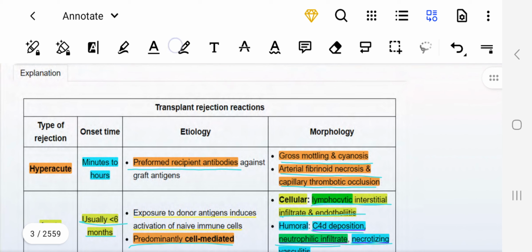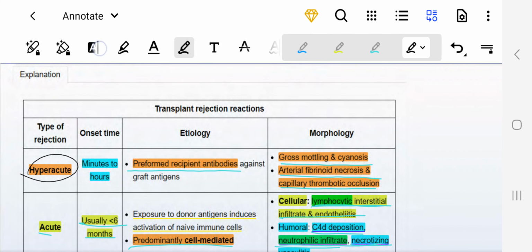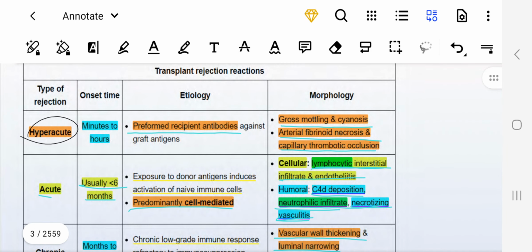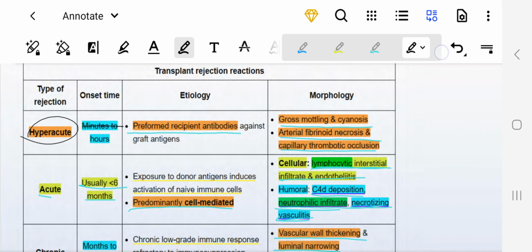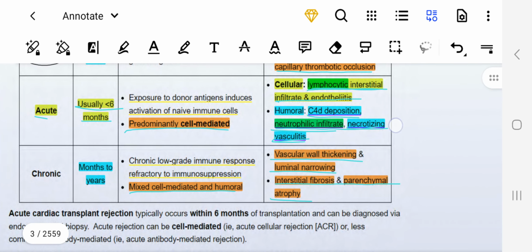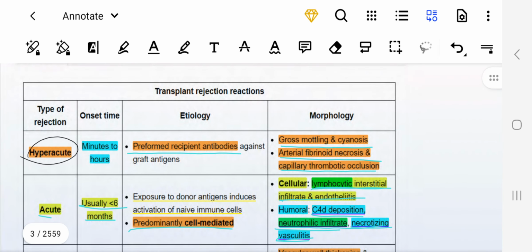The first one is hyperacute, the second is acute, and the third is chronic. Hyperacute occurs within minutes to hours, right? Then acute, usually less than 6 months. Then chronic, which occurs months to years. So these three differences are important.